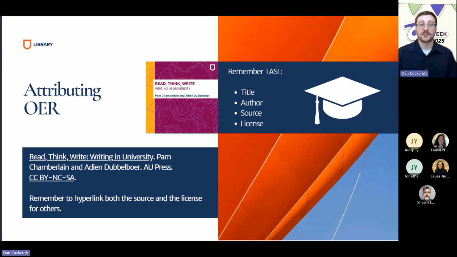So CC means Creative Commons. BY means by or attribute, so you have to attribute the original author. Non-commercial means that someone can't take Pam and Adrian's work and make money off of it. And share alike means that whoever modifies it or reuses it must release it under the same license. So they can't add anything more restrictive to it.